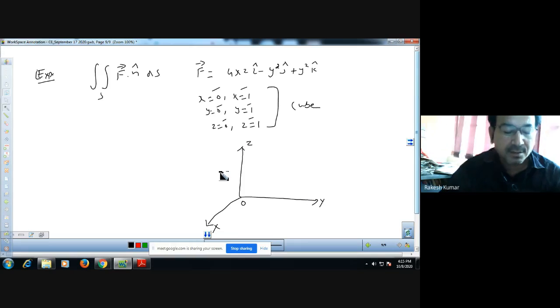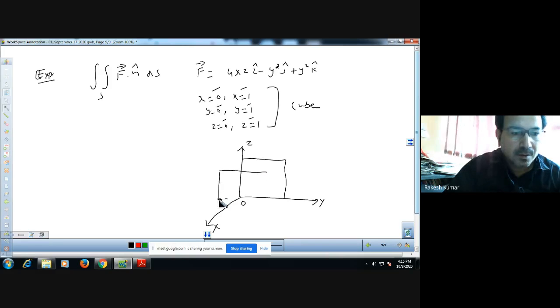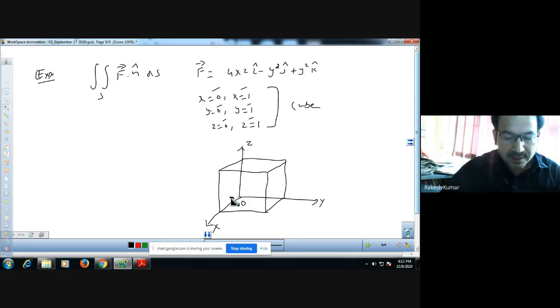You can draw the 6 faces of the cube like this. I'm just drawing with a rough hand; you please draw with straight lines. So this is the cube we have, and let us name the points.